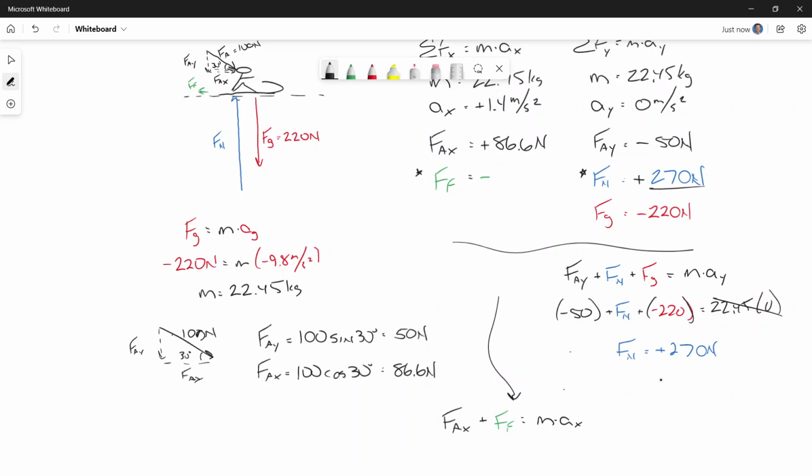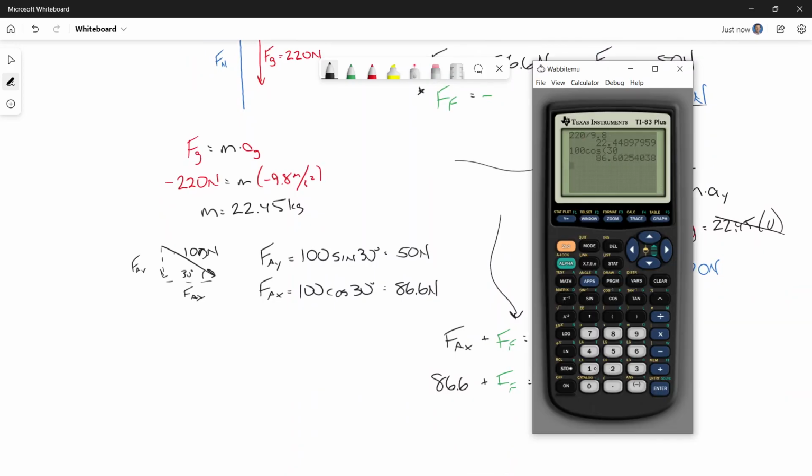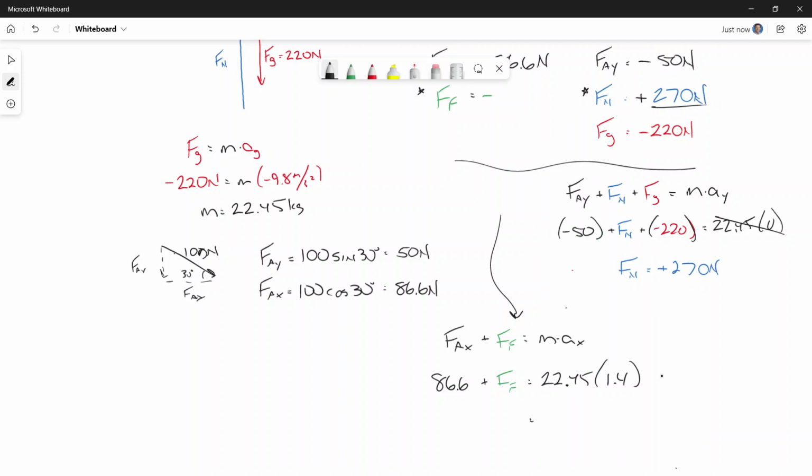And I know the force applied in the x is 86.6 newtons, plus my unknown amount of friction, I expect that to be negative, is equal to 22.45 times my acceleration, which is 1.4 meters per second squared. And so I can multiply the right side, 1.4 times 22.45, and I get my net force to be 31.43 newtons.